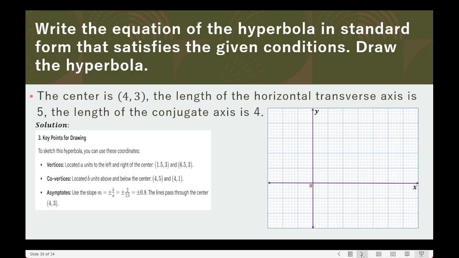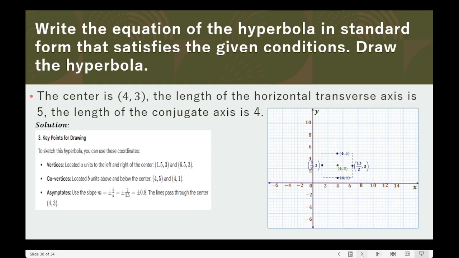So, preparing the Cartesian coordinate system or Cartesian plane. Then plot the center, 4, 3. Plot the endpoints of the vertices and the co-vertices, 4, 5, and 4, 1.